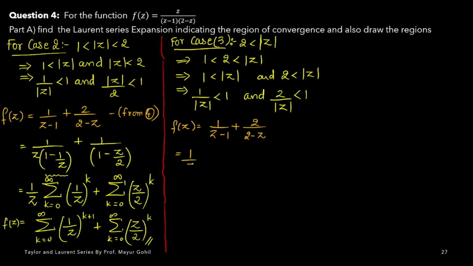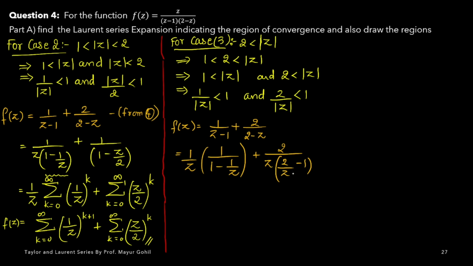So 1 upon z, you take common, you have 1 upon 1 minus 1 upon z, plus 2 times, now we need 2 upon z, so again take z common over here, so you get 2 upon z minus 1. Now see, you have got 2 upon z, right?